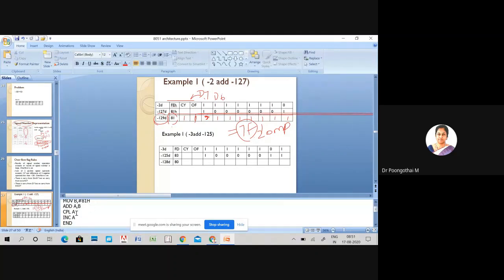So let's try this example in your 8051 simulator.